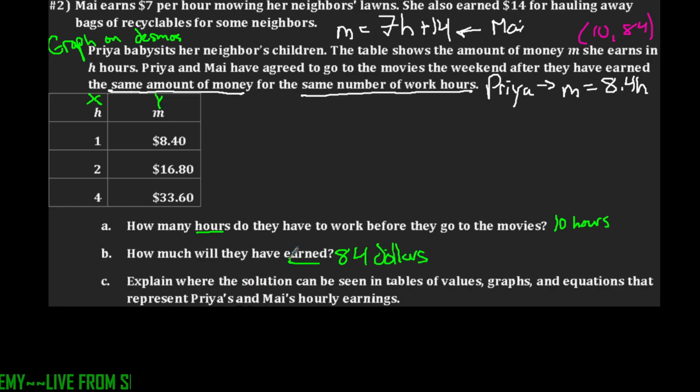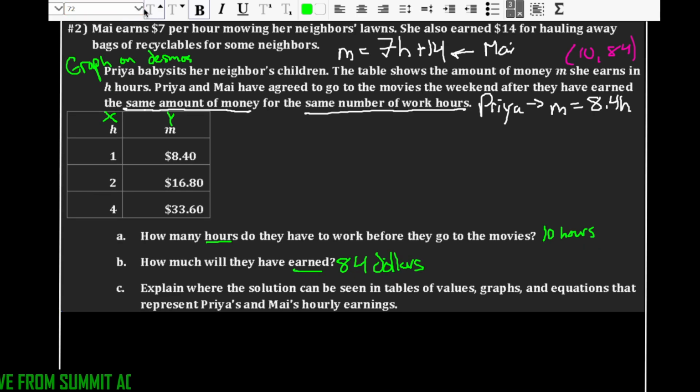And it's saying explain where the solution can be seen in the table, the graph, and the equation. So how can we see that? Let me type this out so it's easier to read.